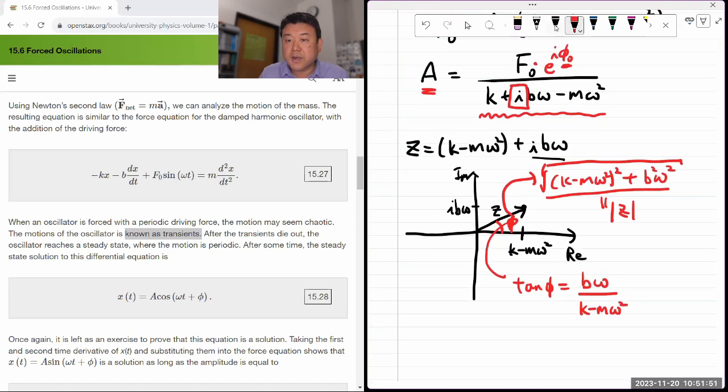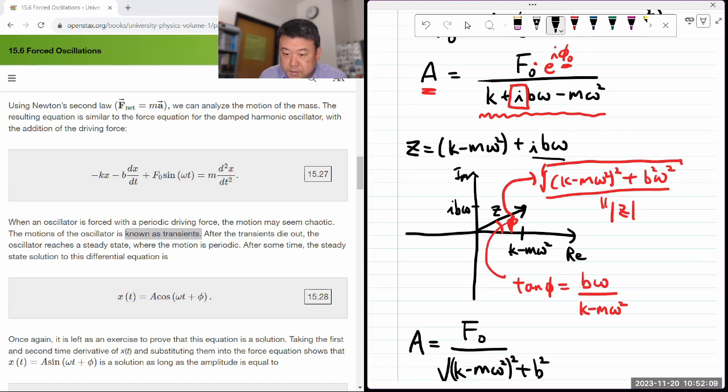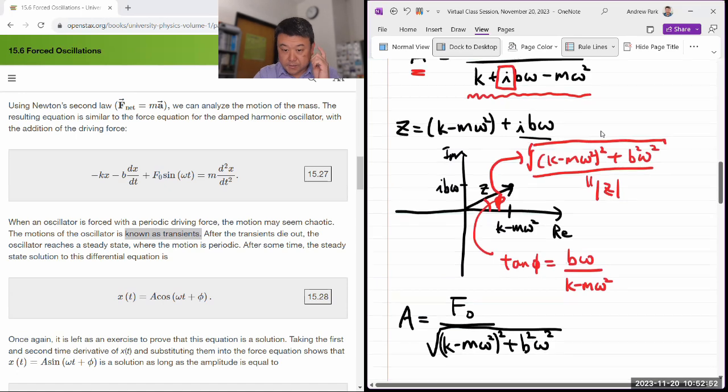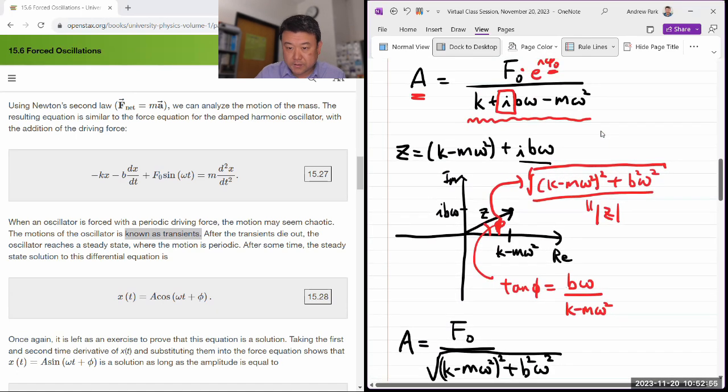So we can write the amplitude A this way. Our amplitude A is going to be the driving force divided by this factor here, the square root of (k minus m omega squared) squared plus b squared omega squared. So I have this expression for A: F naught divided by the magnitude of that complex number.